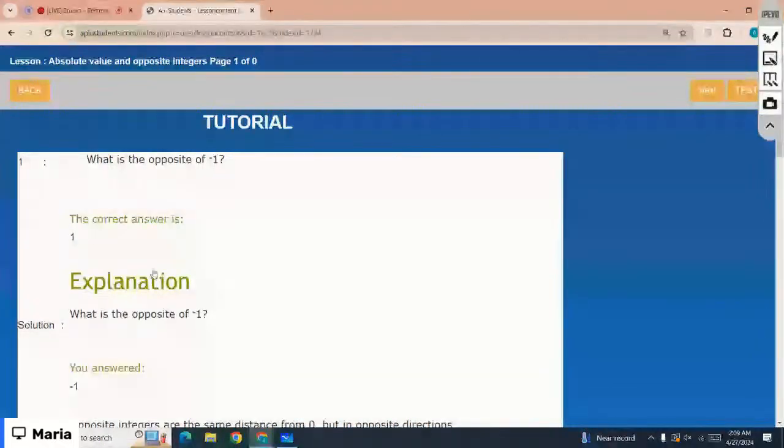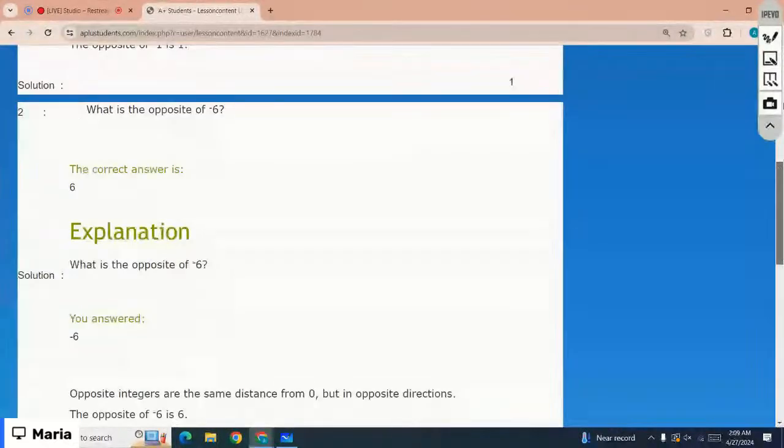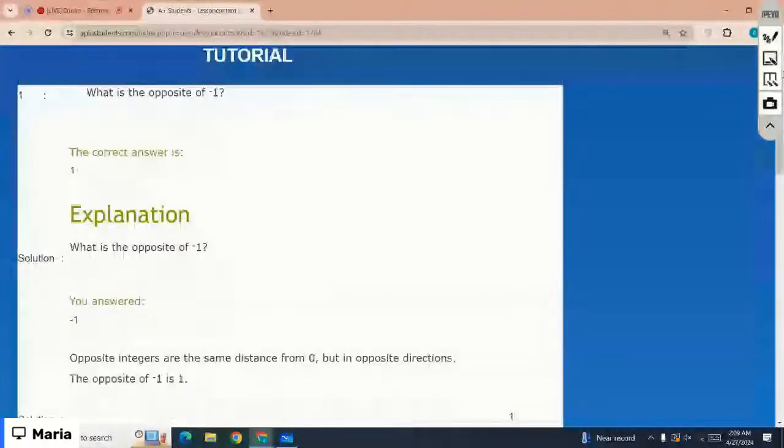So the opposite of negative 1 is positive 1. The correct option is positive 1, right? Opposite of negative 6 would be on the other side with the opposite sign, so that would be positive 6.